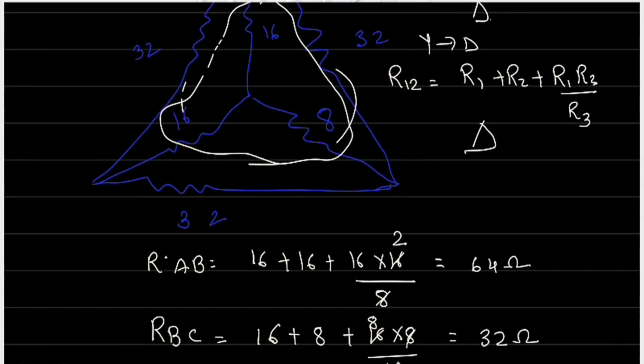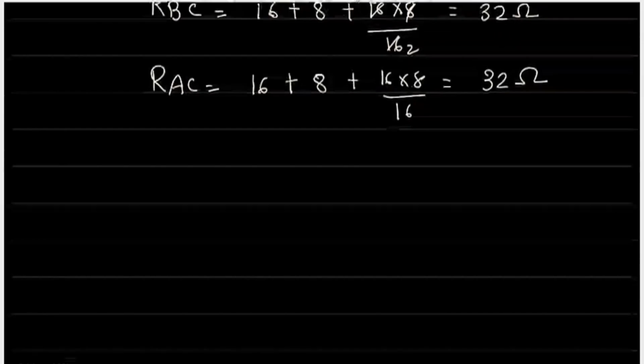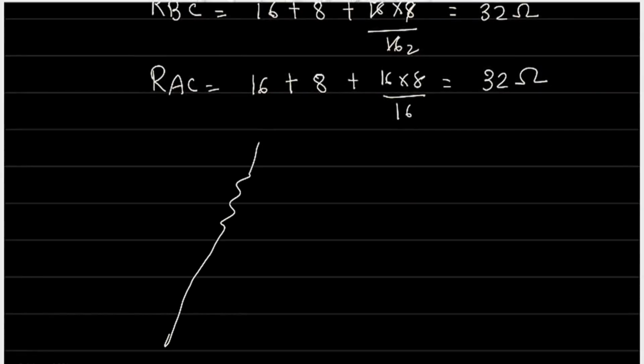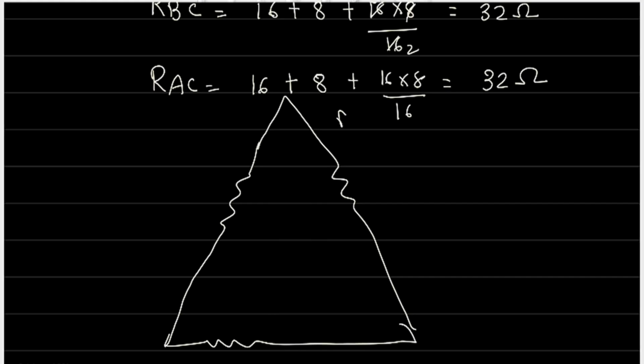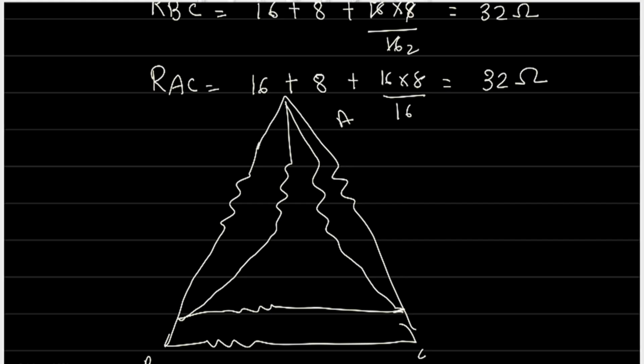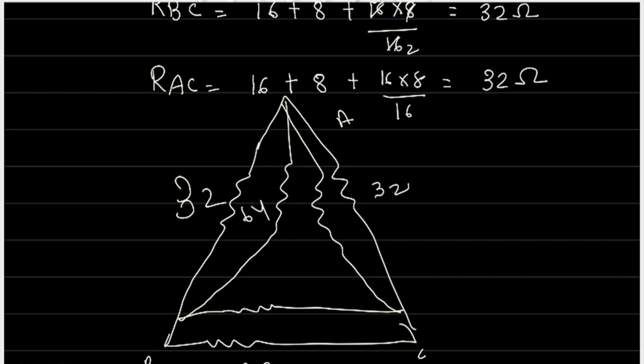So the circuit will be simplified as A, B, C, with 32, 32, 32, and here we have 64 and 32 and 32.